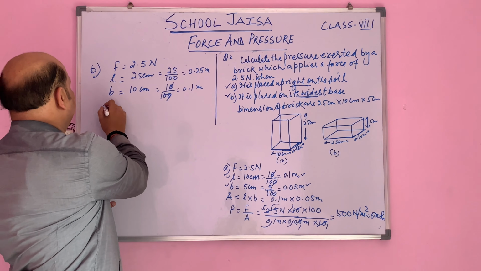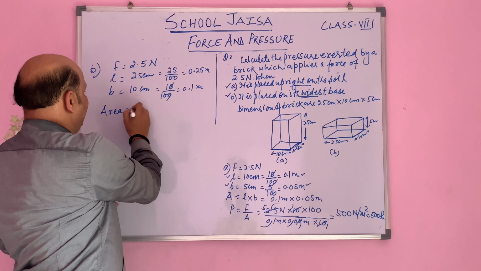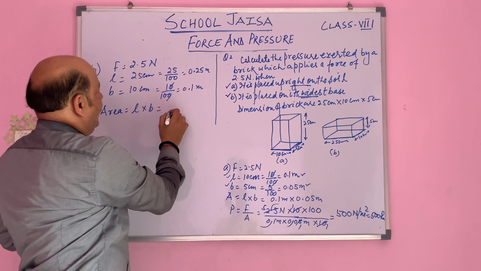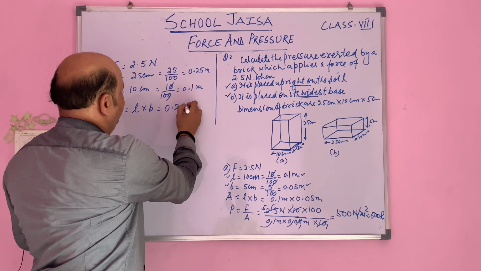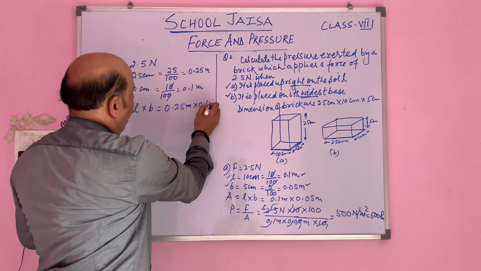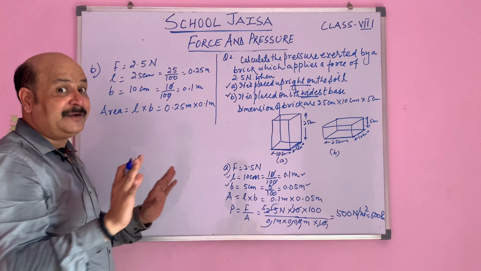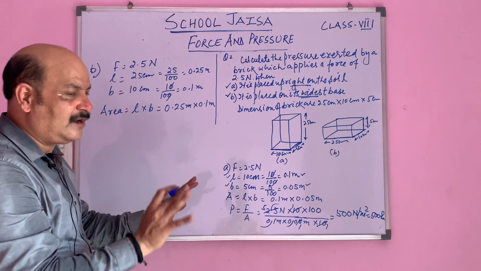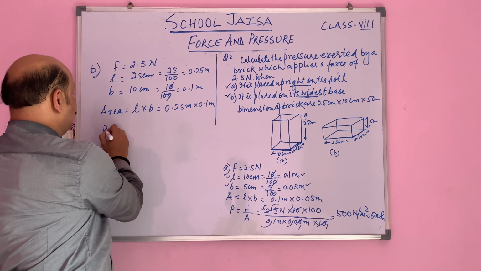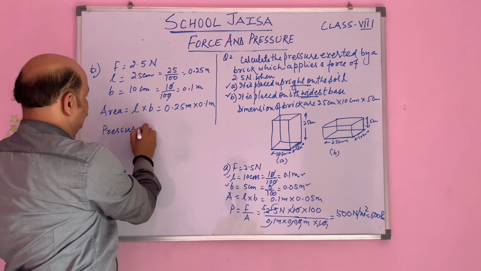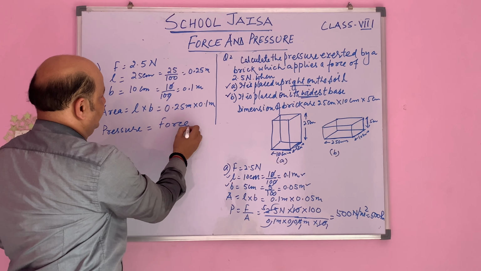Now we will calculate area, that is L into B, and that will be what? 0.25 meter into 0.1 meter, and we keep it as it is, as I told you, don't solve it right now, we will do it later on. So here the pressure is equal to force upon area.